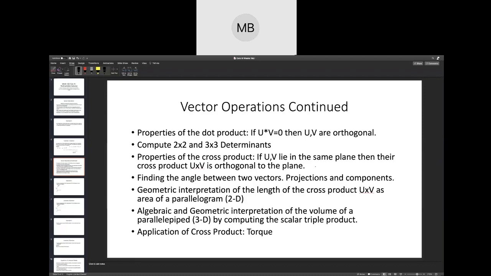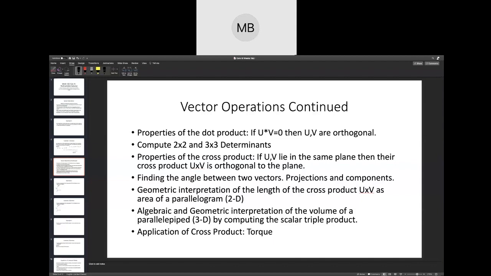Property of cross products. If u and v lie in the same plane, then the cross product is orthogonal to the plane. So how you compute the cross product is by using determinants. So we have to take the determinant of, if it's a 3 by 3, then we do a 3-tuple vector.